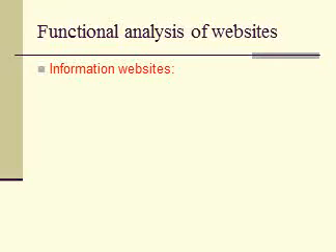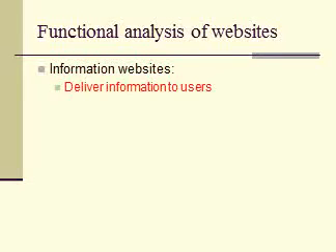An information website serves a single purpose. That purpose is to deliver information to the user. Such a website may be an information website for a restaurant or business, which provides the user with contact information.